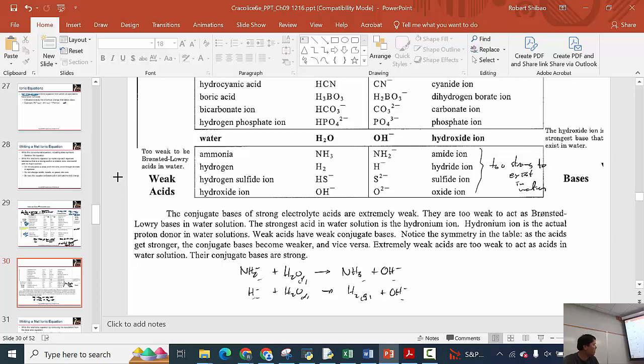This is just to save time writing. Technically I should write aqueous here and here and here. But I'm going to omit aqueous and just write solid, liquid, gas. So here water is a liquid, H2 is a gas, and the rest are aqueous.